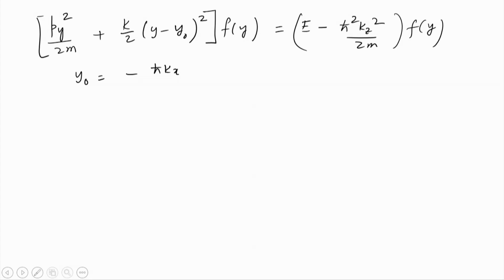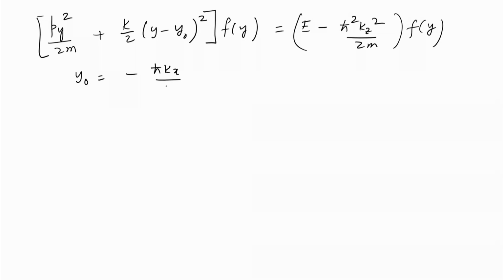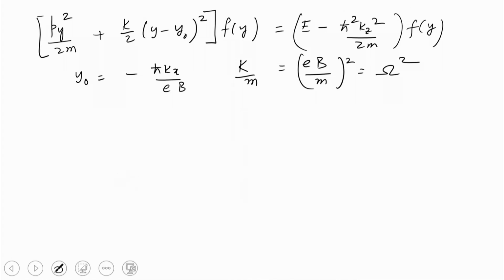So, what we are trying to figure out is the motion in the y direction, where this k by m is equal to E b by m whole square, which is equal to omega square. We will tell you the physical significance of that. So, omega is called the cyclotron frequency.